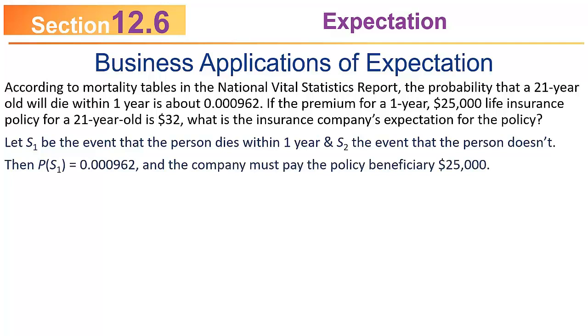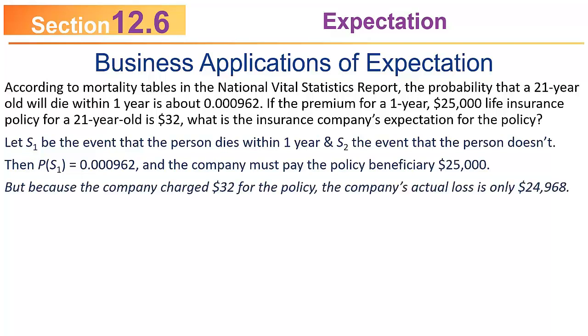The probability that the person dies within a year is 0.000962. But if it does happen, the company has to pay out $25,000 to whoever the policy beneficiary is. However, keep in mind that the policy wasn't given free.